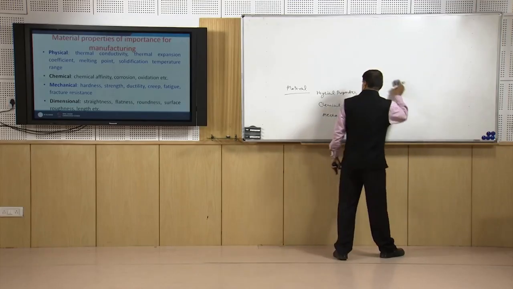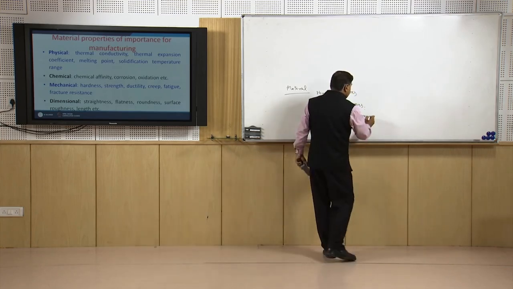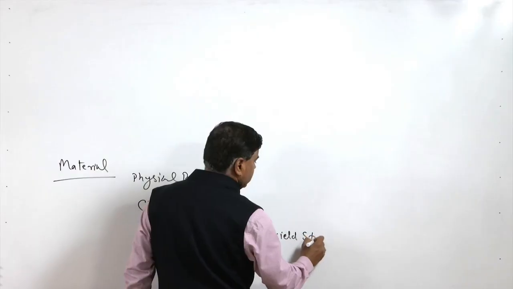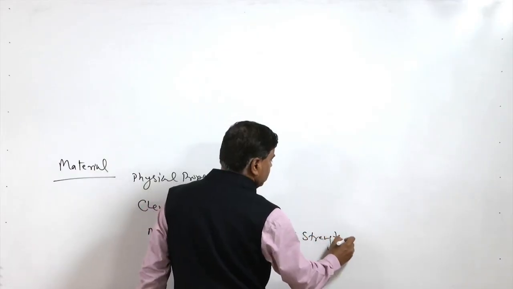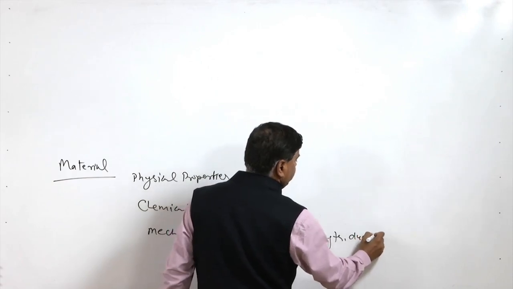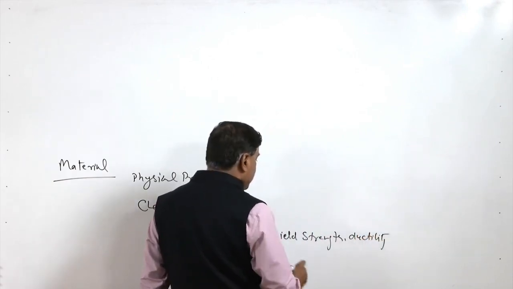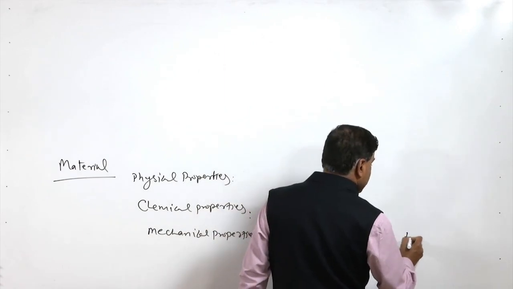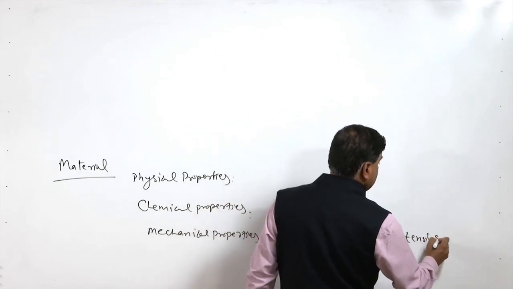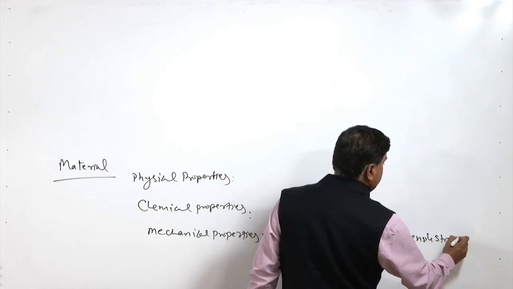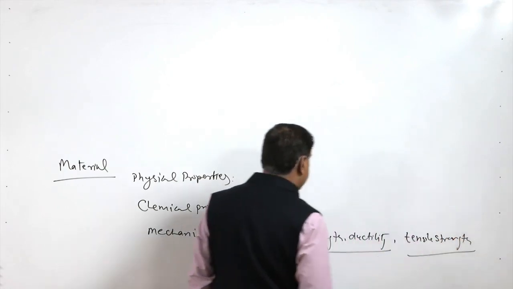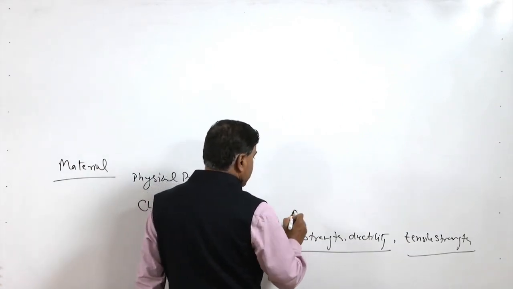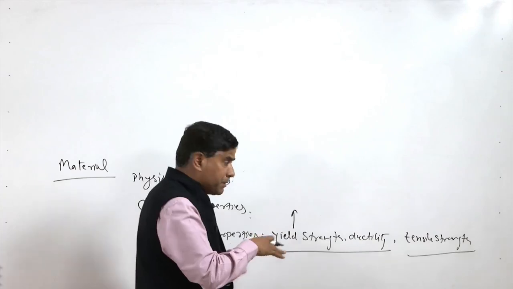Then coming to the mechanical properties like yield strength and ductility. These are the two important properties, and maybe sometimes tensile strength or ultimate tensile strength also affects the manufacturing aspects. Yield strength is the stress level where the plastic deformation starts.